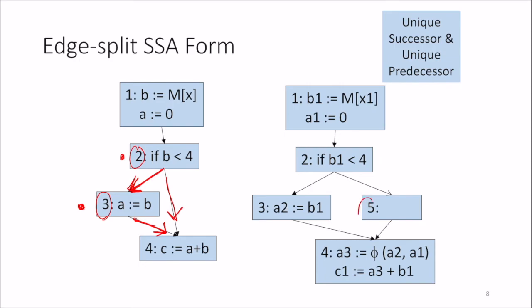We introduce a dummy basic block called 5. It doesn't have any instructions in it. But now if you look at the predecessors of 4, it's 3 and 5. The predecessor of 3 is 2 and of 5 is 2. The parent of 4, which is 3, having a parent which is 2, 2 and 4 now are not directly related. This is called the edge split SSA form.